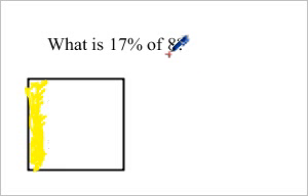Now, if this is 8, this shaded part, what would you say? It would probably be around 1 or 2. Let's say it's 2. It looks a little bit bigger than 1, if this was 8. So let's do the calculation.